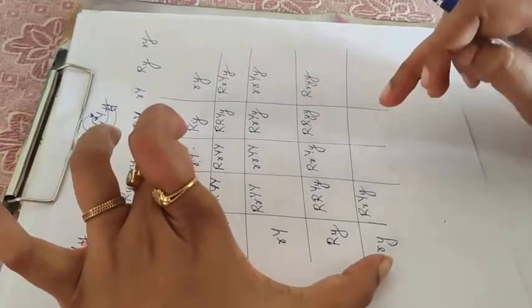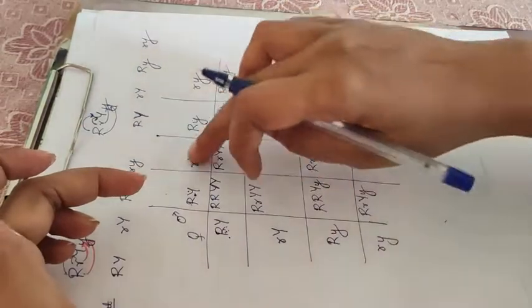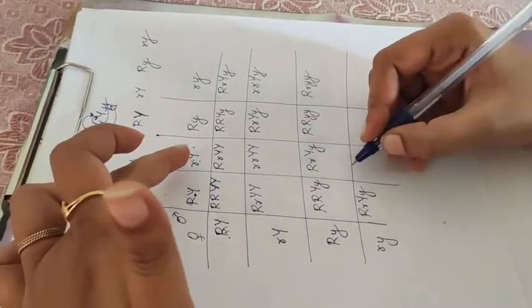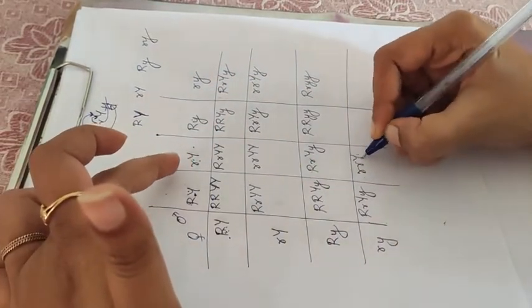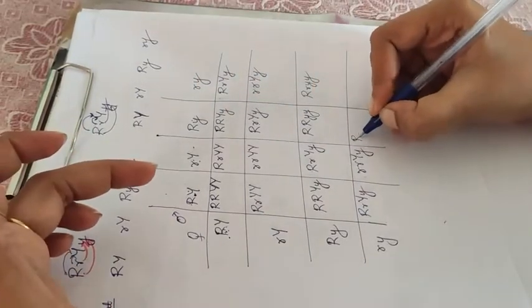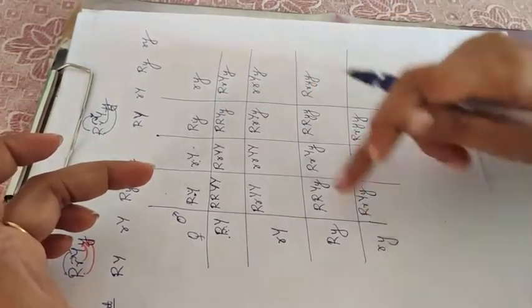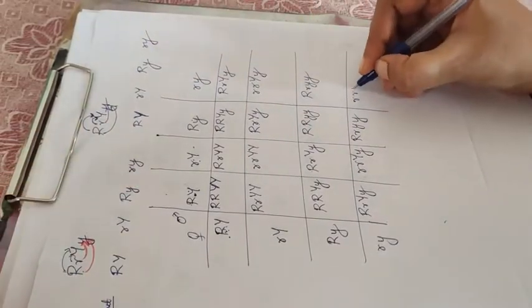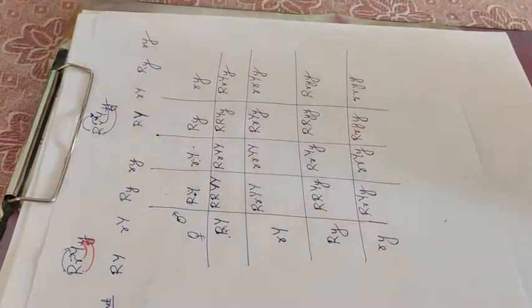These with this, these two, this with this. See, now we have not missed any, all 16 possible combinations we have got. Only this much we can make.